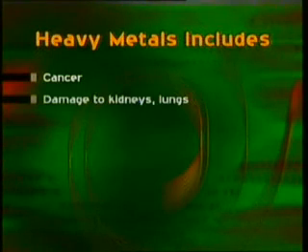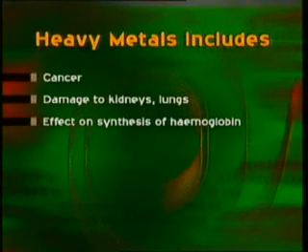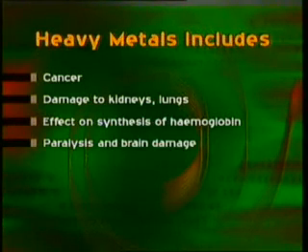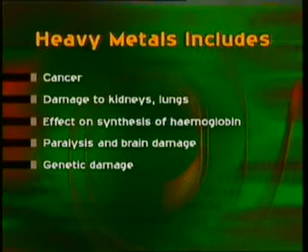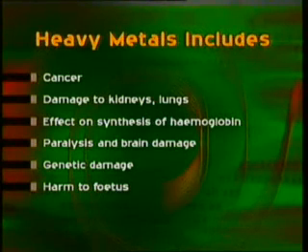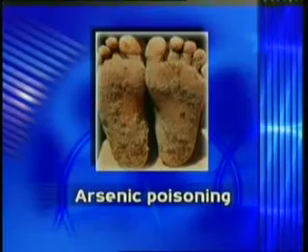The health hazards caused by heavy metals include cancer, damage to kidneys, lungs, effect on synthesis of hemoglobin, paralysis and brain damage, genetic damage, harm to the fetus, hardening and cracking of palms and soles.